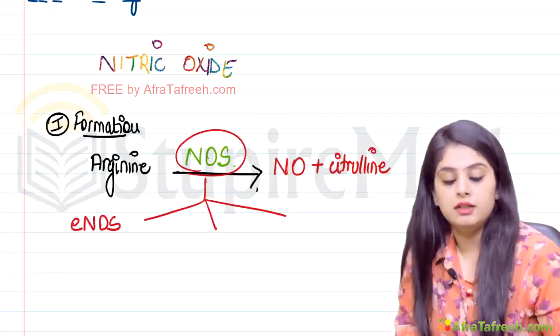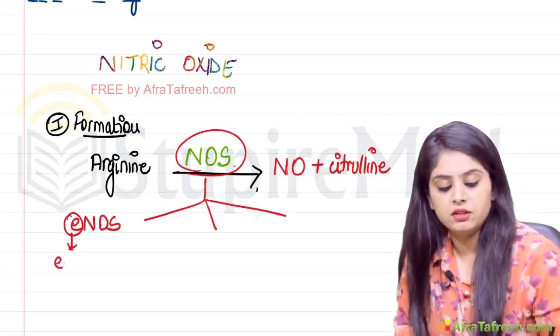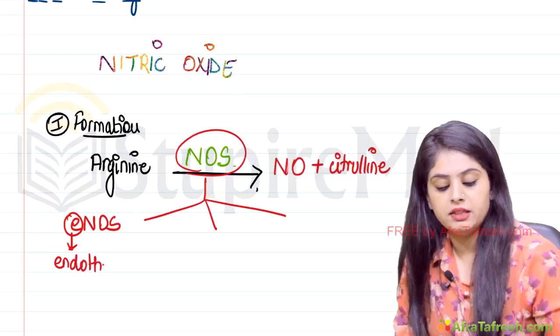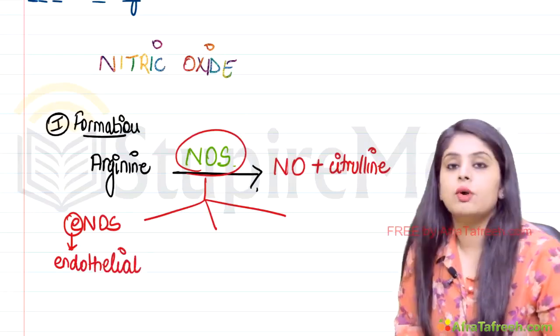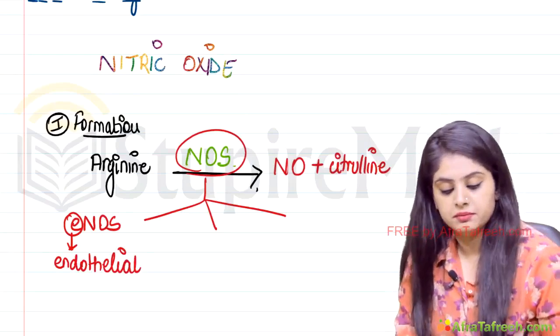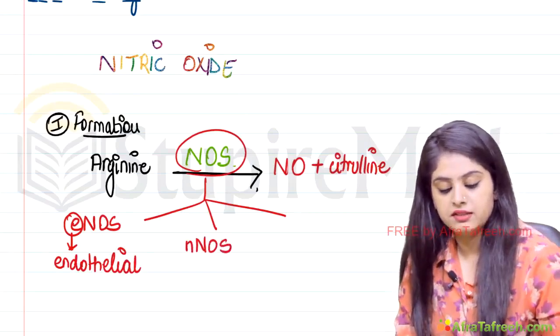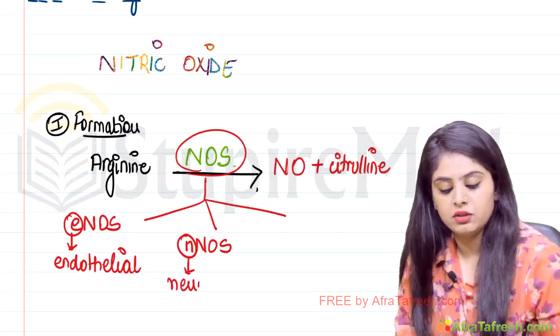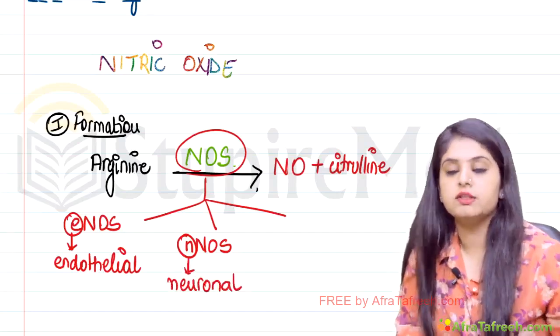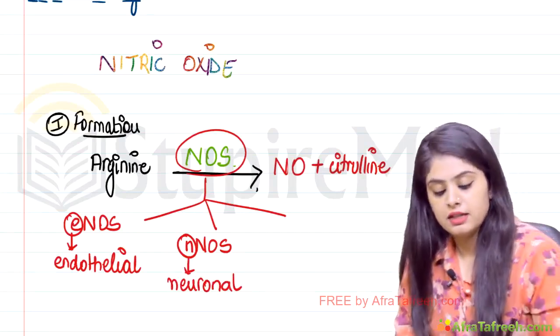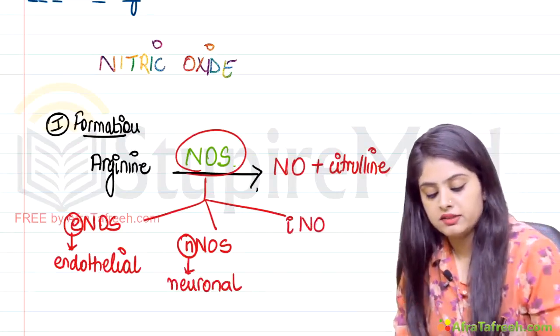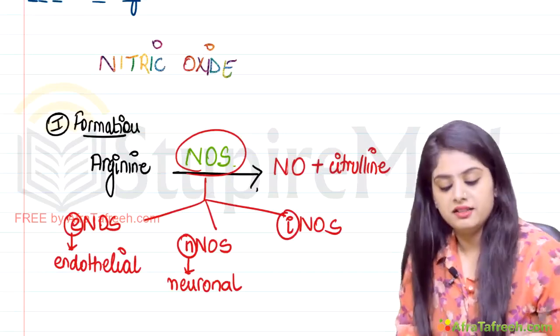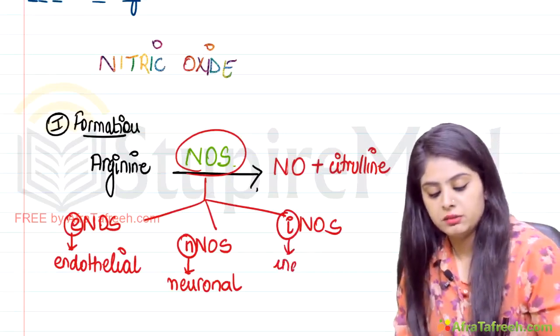eNOS, where E stands for the nitric oxide synthase present in the endothelium. So endothelial NOS. The next is nNOS, where N stands for neuronal. So it is present in the neurons. The third is iNOS, where I stands for inducible.